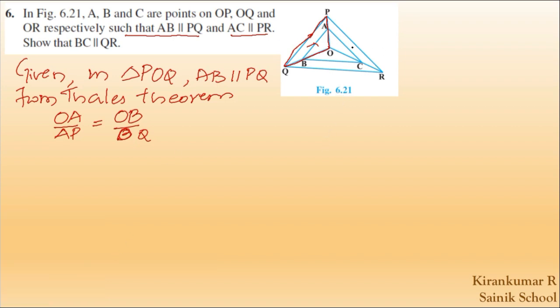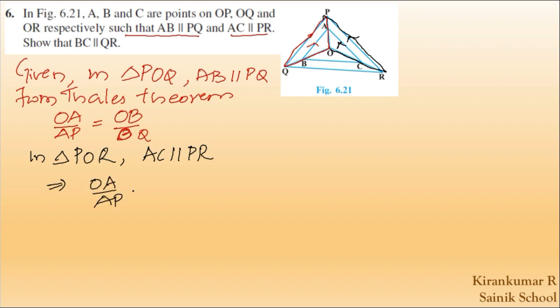Now, if I consider the triangle POR, since AC is given parallel to PR, we have OA upon AP equal to OC upon CR. Let me call this as equation 1 and this as equation 2.